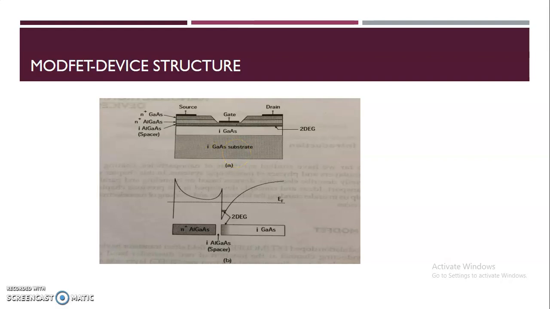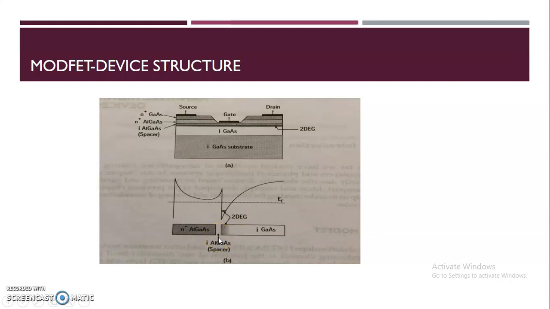Okay, this is the basic structure. Now, one of the important characteristics of a MODFET is that it has a two-dimensional electron gas that offers the flow of electrons with very high mobility. It also has a spacer that is here.